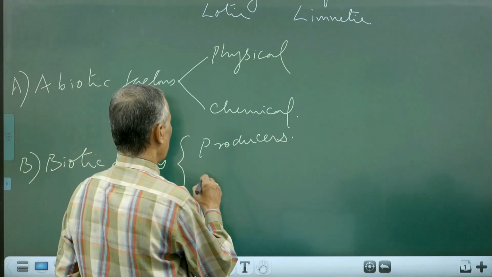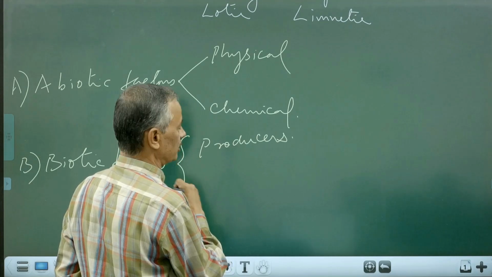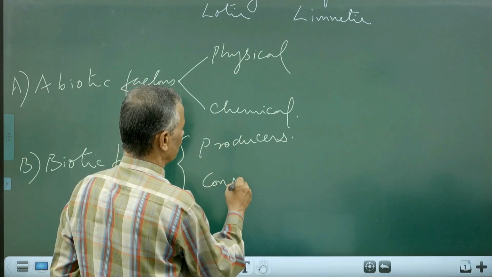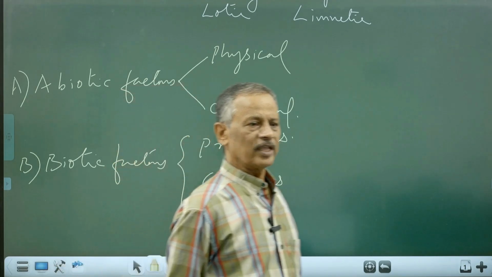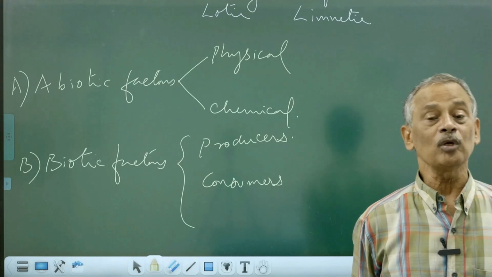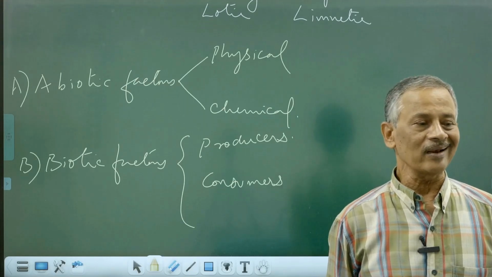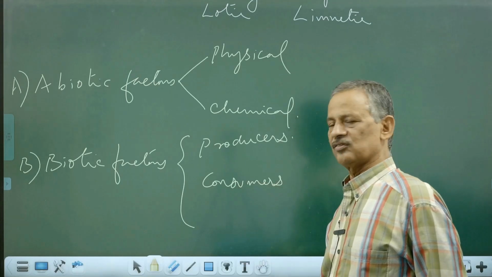Then, by eating these producers, animals are getting energy. So, animals can be called as consumers. They cannot produce their own energy, but they have to depend on plants directly or indirectly. So, we call them as consumers.